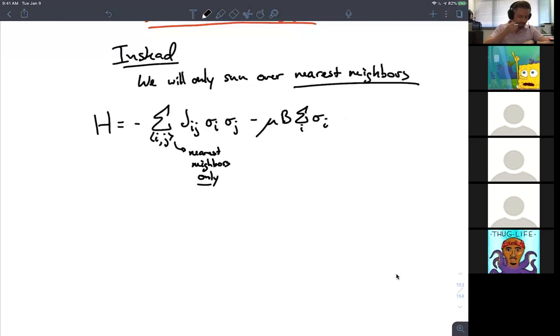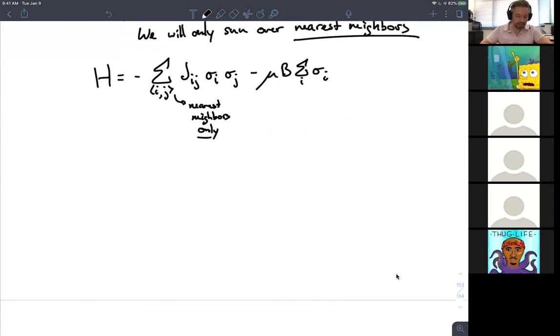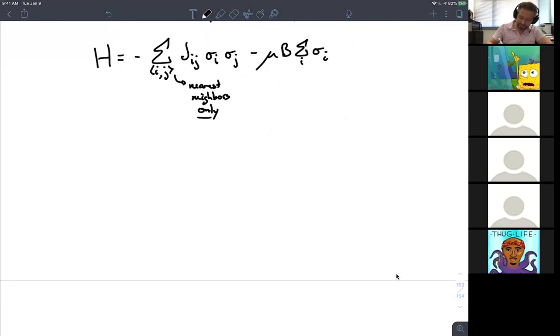Now, in other words, if I were to write out this sum explicitly, what I would get is something that looks like this: minus J_1,2 sigma_1 sigma_2, minus J_2,3 sigma_2 sigma_3, minus J_3,4 sigma_3 sigma_4, and so on and so forth.